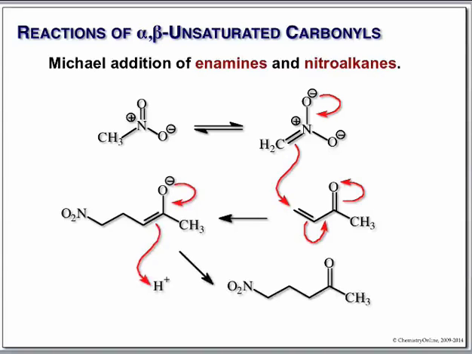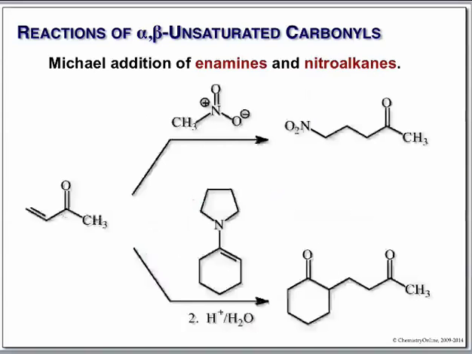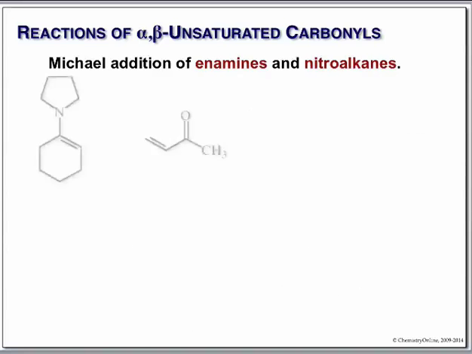Everyone see where this came from? Our second product here was our ketone. Remember, we're going to do this because we have electron density here. The enamine nitrogen's electrons are going to come in, electrons will attack.